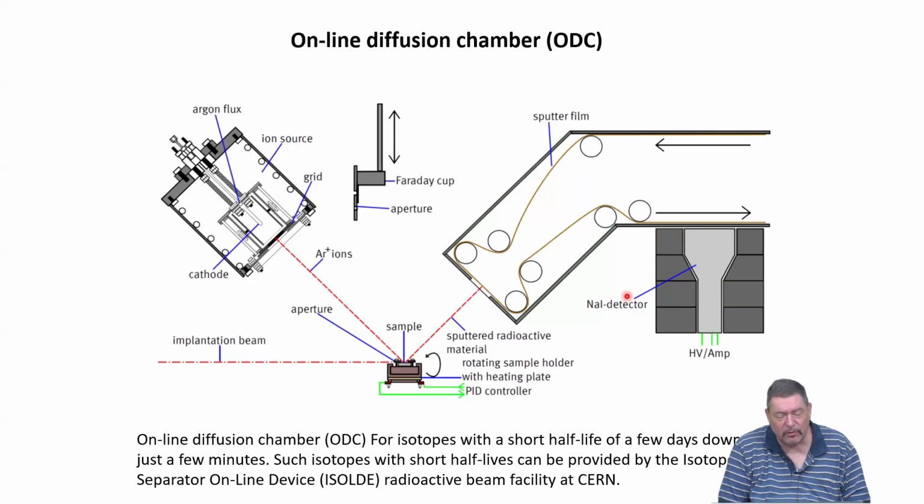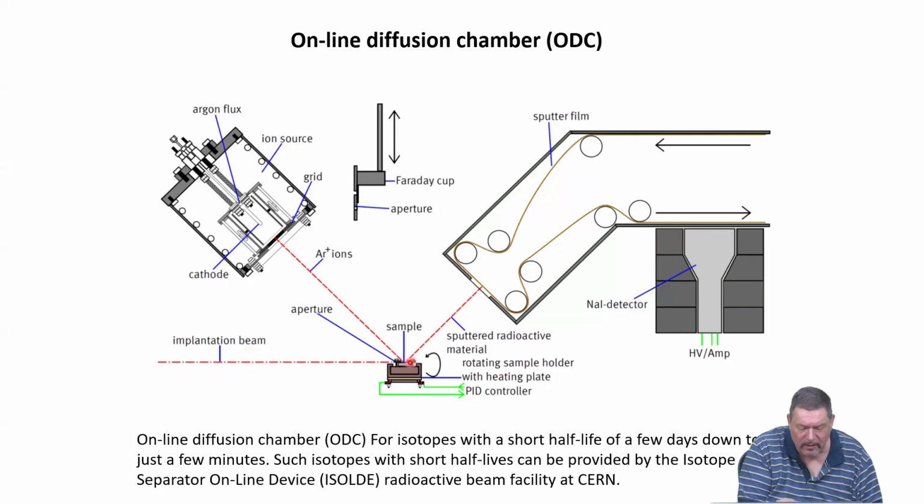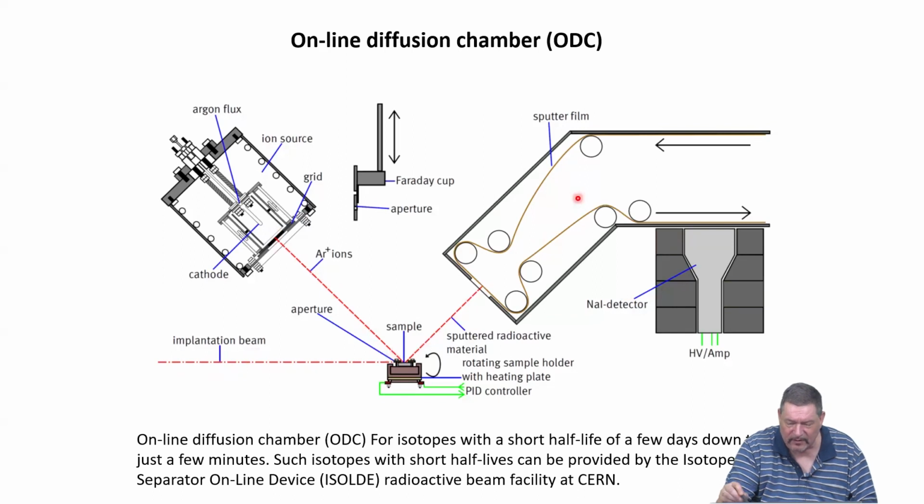And basically what you do is you create very short-lived isotopes by implantation. They are coming from a nuclear reactor, like for example, a radioactive copper isotope. It's implanted by this beam here in your sample. And at the same time, you can sputter off your material as just said, and then it's detected here.